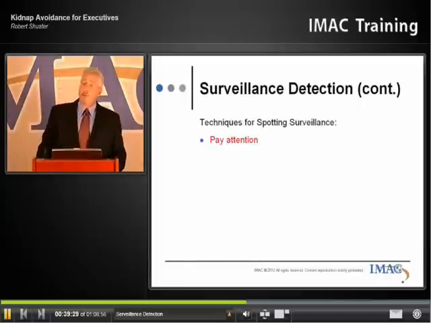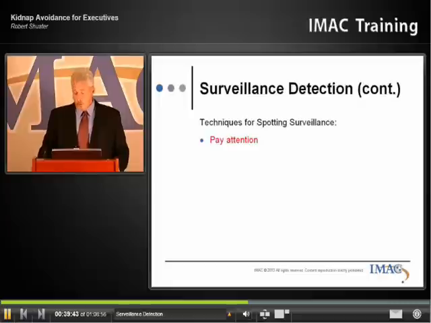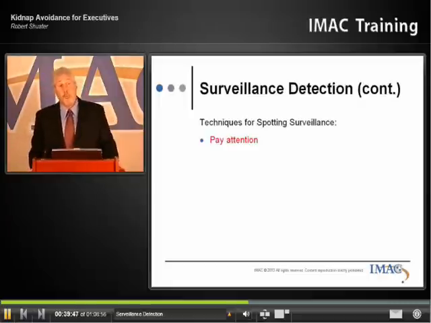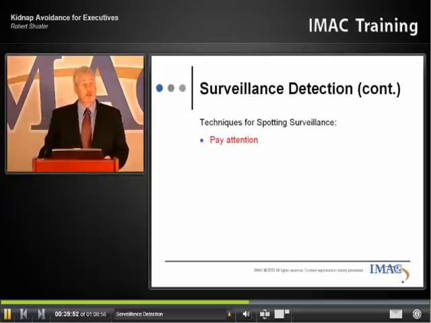You don't remember anything about a stop sign or what you saw on the way. It's just so routine. Paying attention and not being focused on what you're going to do when you get to the office, that's a very important and difficult thing to do. You have to make an assertive effort to do it. If you're paying attention, now you can apply these techniques and you'll see the surveillance.